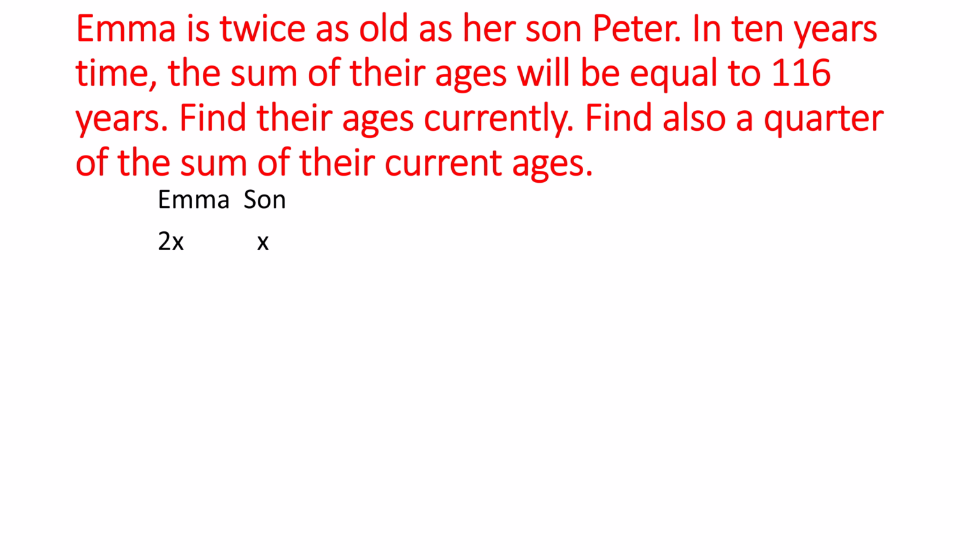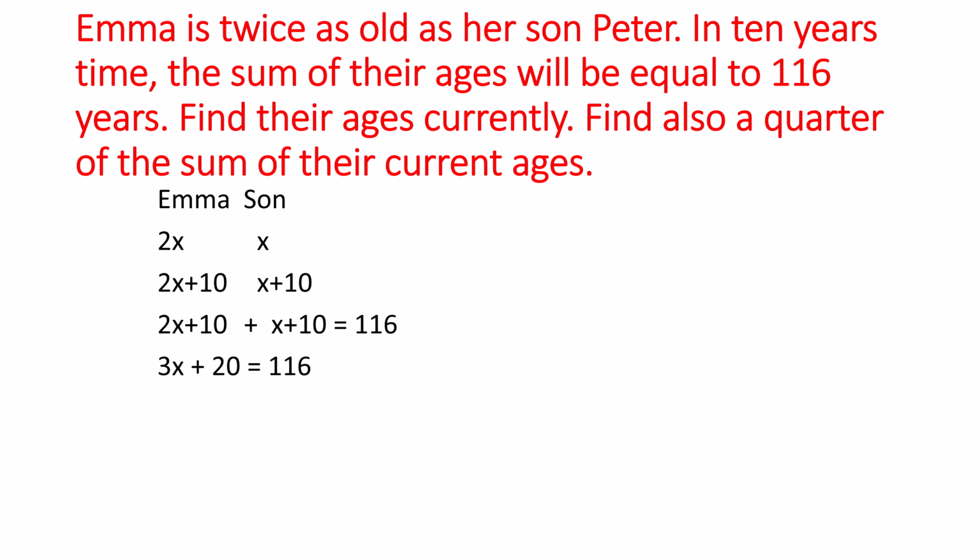2x rather. So the total of their ages after 10 years will be equal to 2x plus 10 and plus x plus 10, because each of them is going to have 10 more years, so an increase of 10 in the ages.